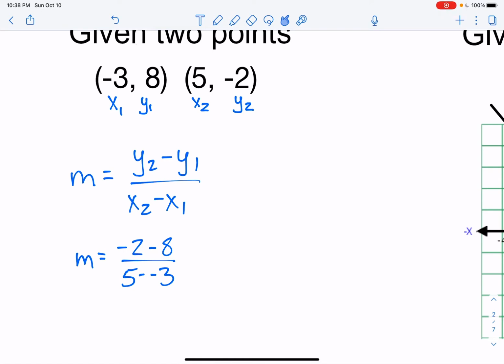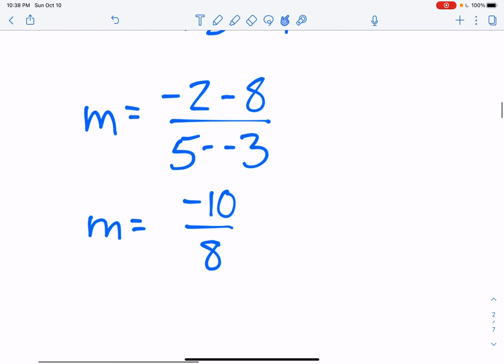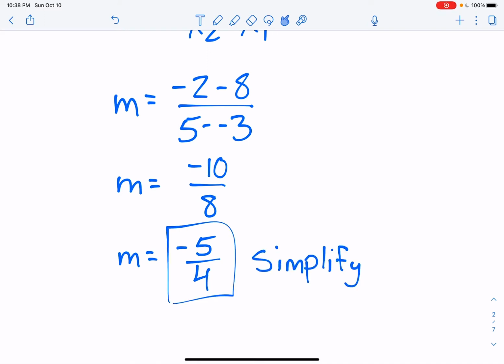Where I see x2, I replace it with 5. Where I see x1, I replace it with negative 3. And notice I have minus a negative 3 there, so that's going to become positive. It's going to become 5 plus 3. So when I simplify that, it becomes negative 10 over 8, which then becomes negative 5/4. Always remember to simplify.